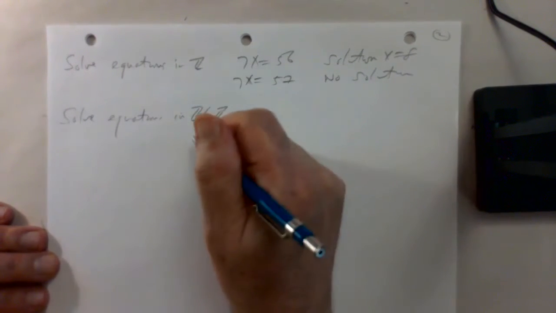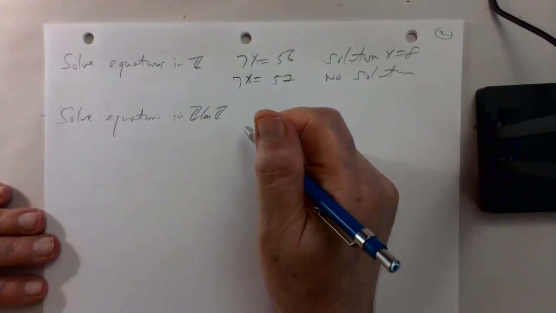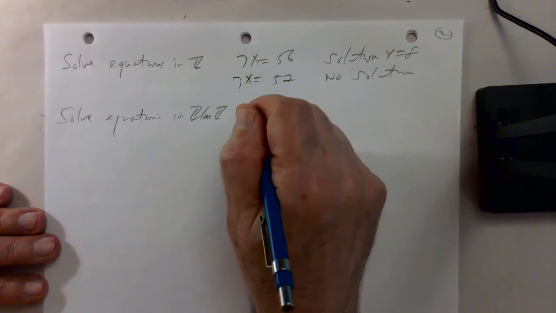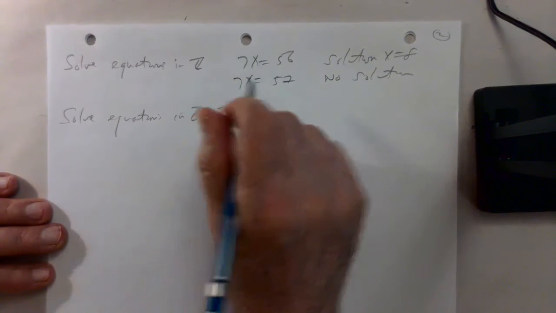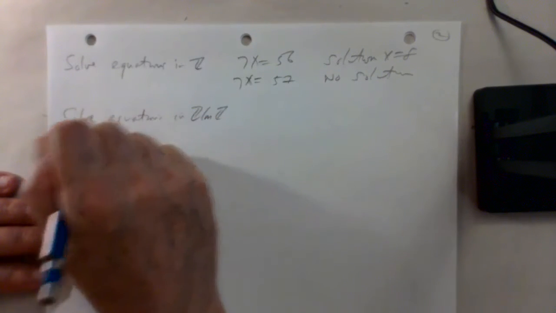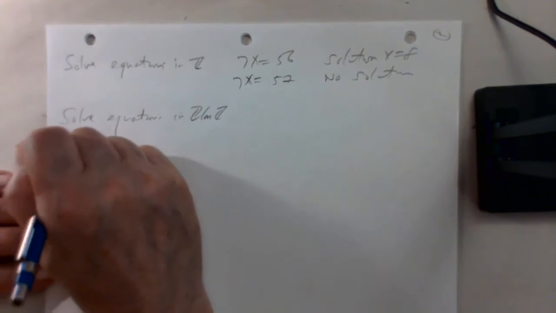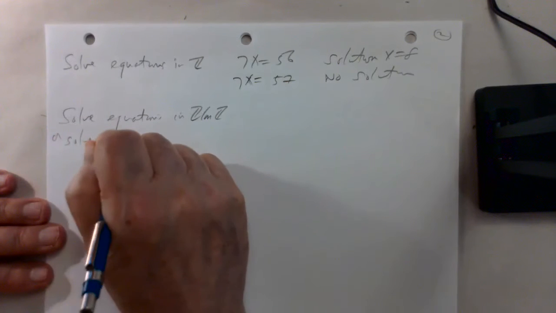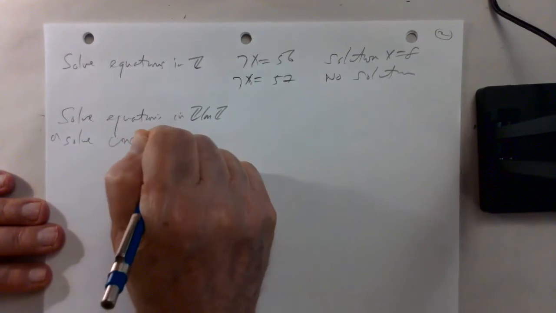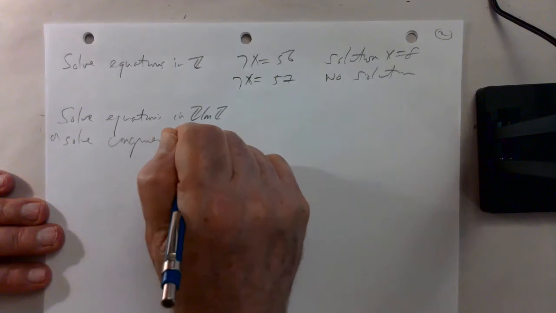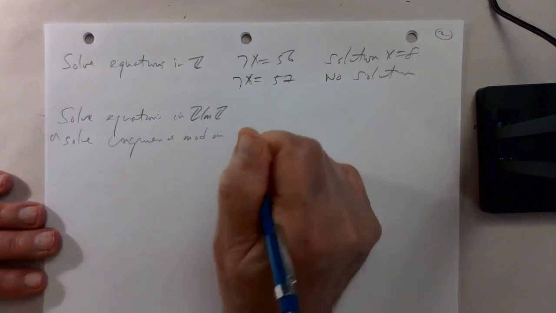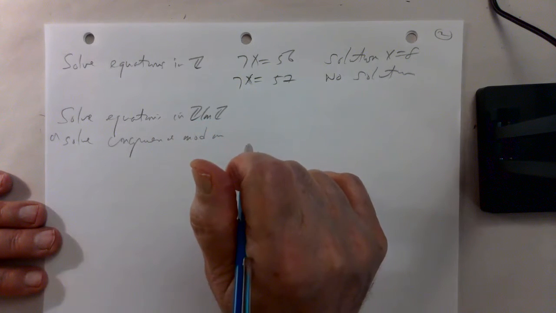That is, can we find a number x such that... so solving equations in Z mod MZ, or solve congruences mod M.